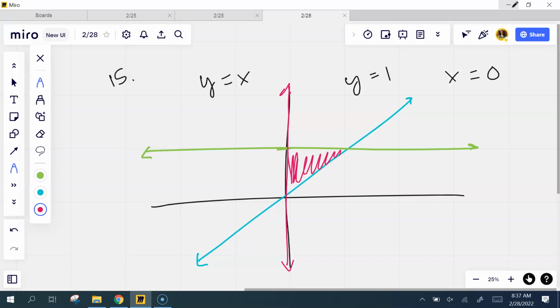You could do it about the y-axis, but it specifically said generated about the x-axis, revolving the region bounded by lines and curves about the x-axis. So to do it about the x-axis, I'm going to have a hole.